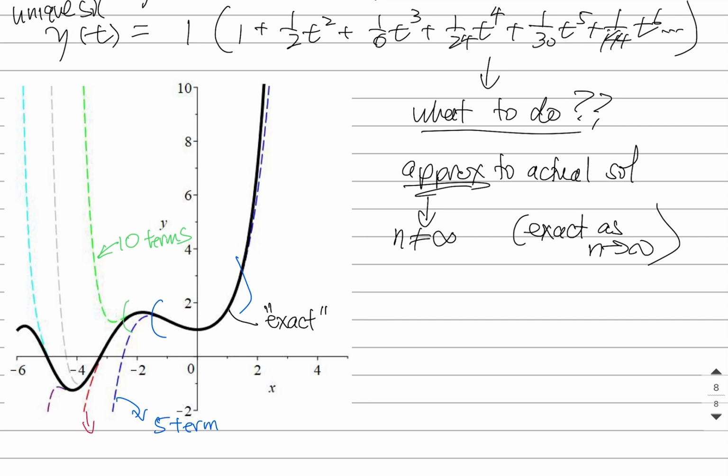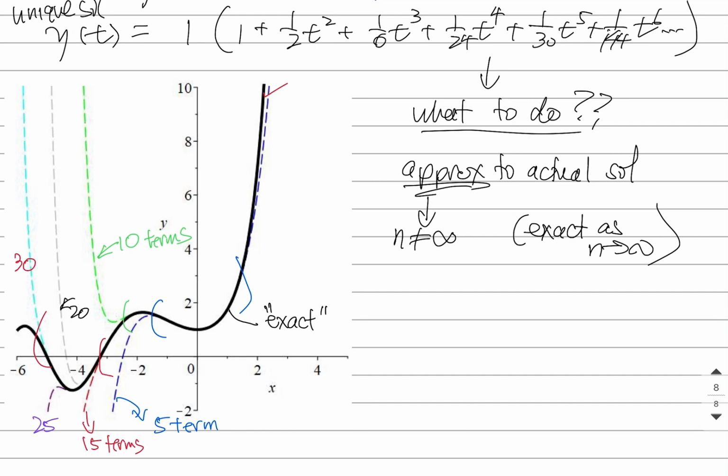This one here is with 15 terms, and you can see that it's starting to match very, very well. You can't notice it, because it's exactly matching there. As I keep going further, this is 20 terms, and this is 25 terms, and this is 30 terms. It gets better and better.